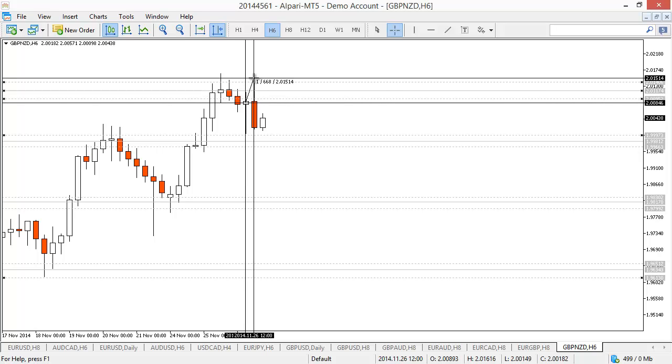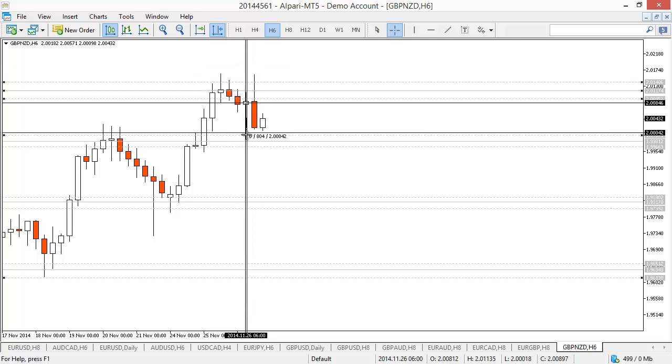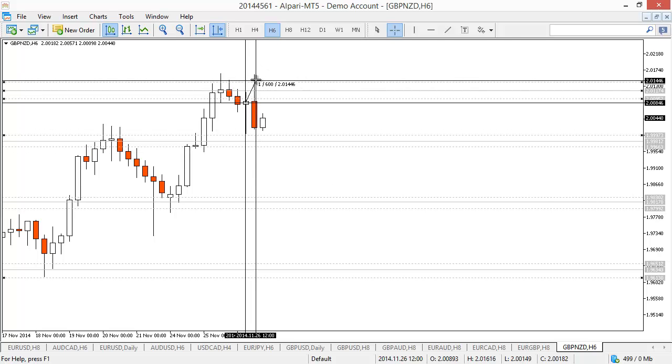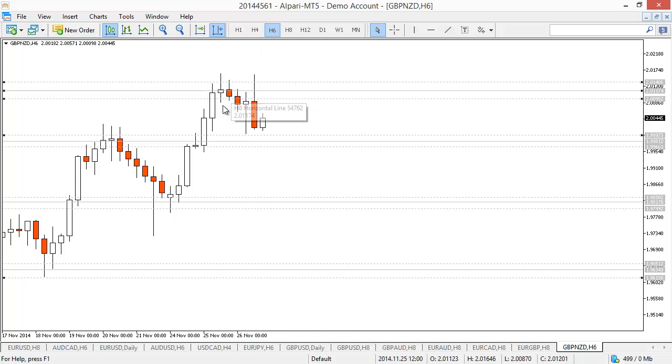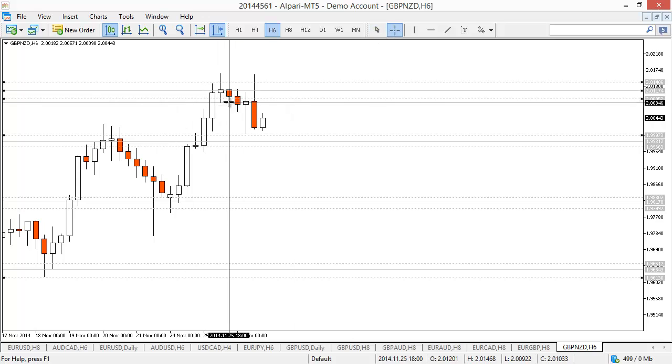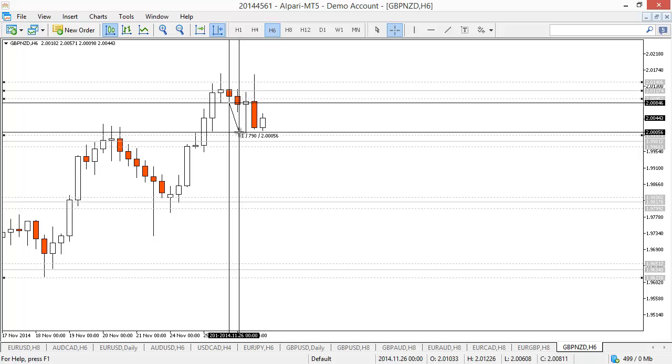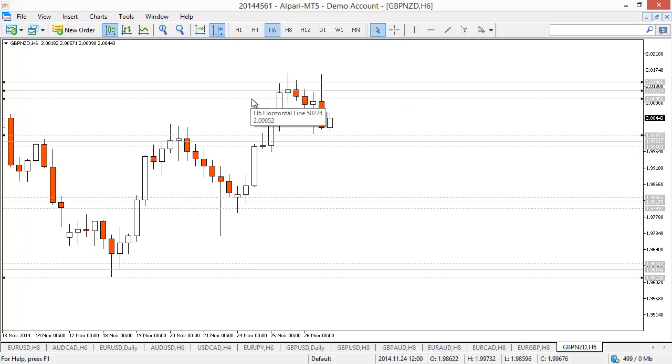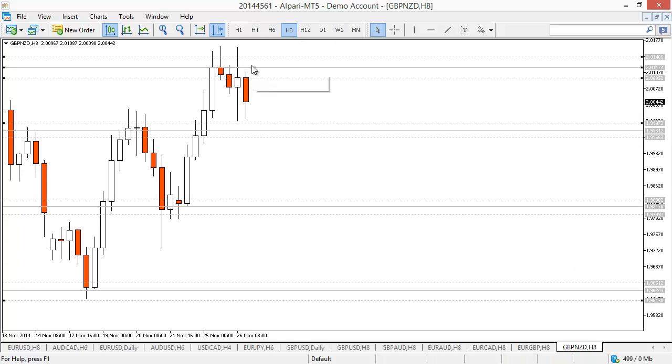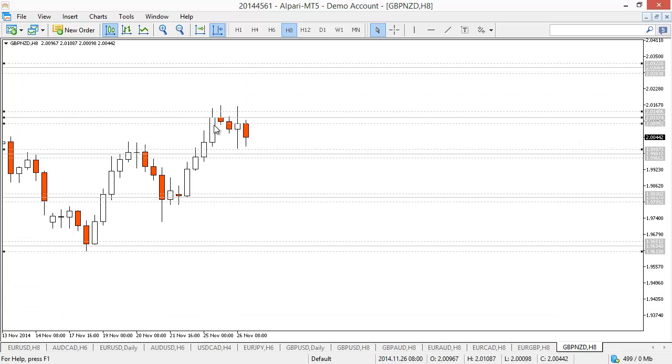Entry would be roughly here. Stop loss would be, that's a pretty large stop loss, isn't it? I don't think this would have been a viable trade. Oh, actually, I switched to the 6 hour.